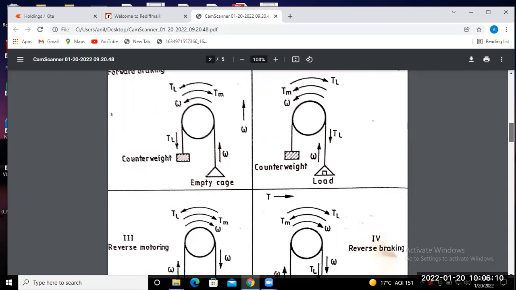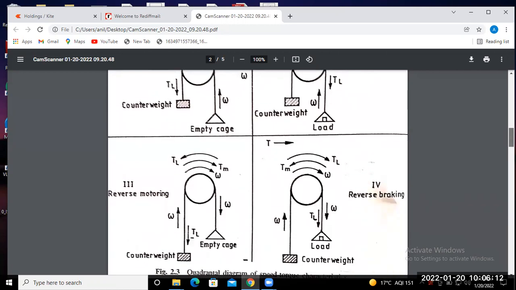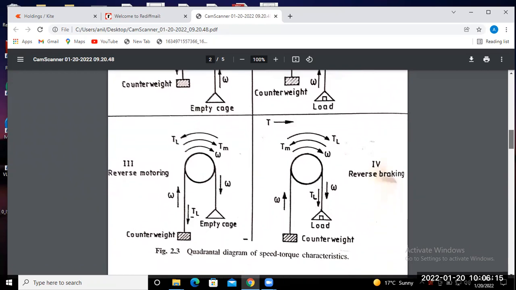And next, in the third quadrant, what will be happening? Here the torque as well as the speed are both negative, so they act in the clockwise direction. Since electromagnetic torque and speed are both negative, this will act in the clockwise direction this way, and this empty bucket goes in the downward direction.